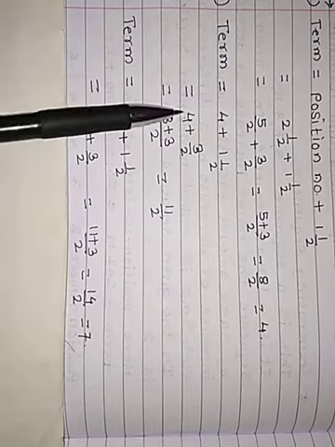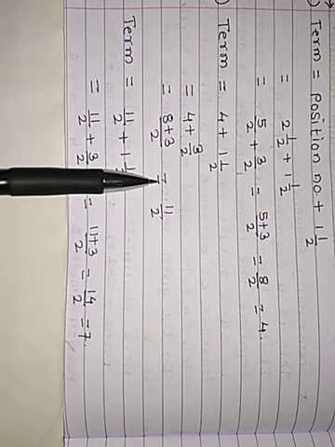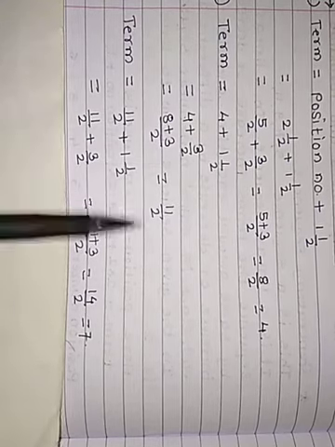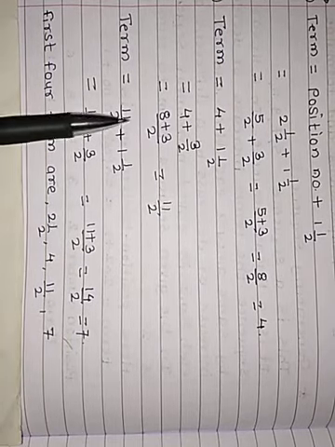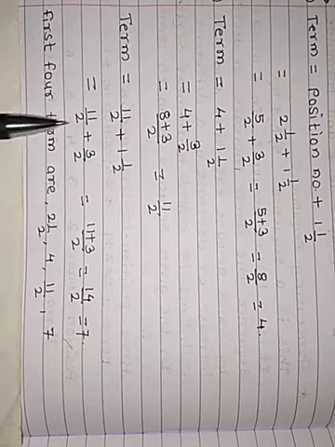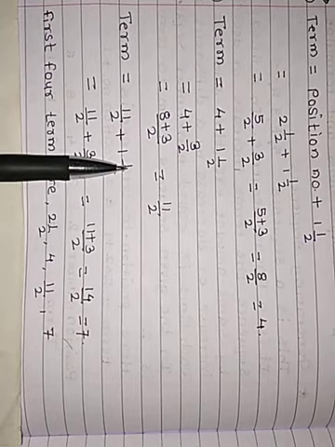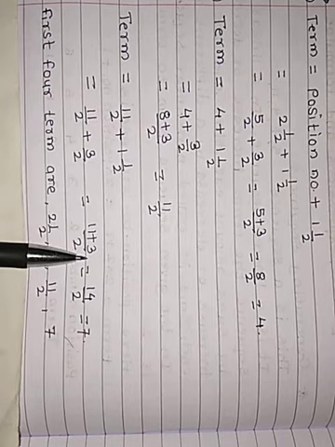That is 8 plus 3 divided by 2, equal to 11 upon 2. Okay. The next term will be 11 upon 2 plus 1.5. 11 upon 2 plus 1.5 is 3 upon 2. It will be 11 plus 3.